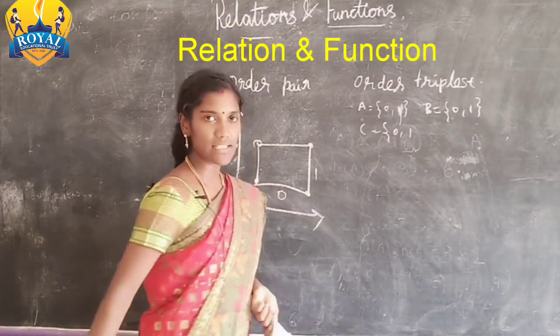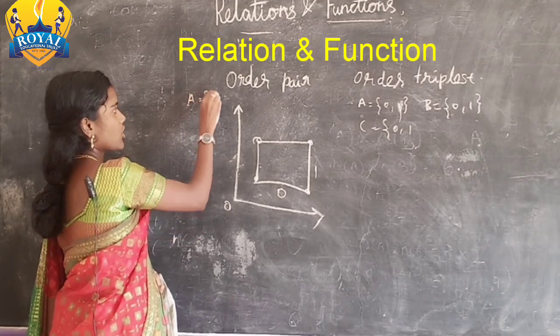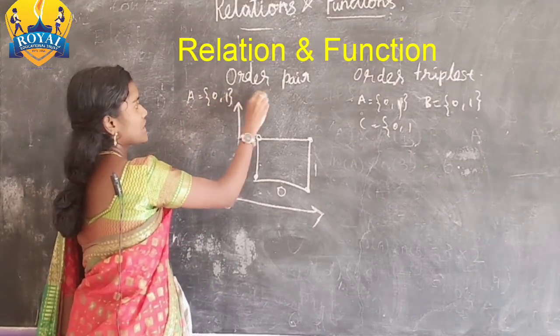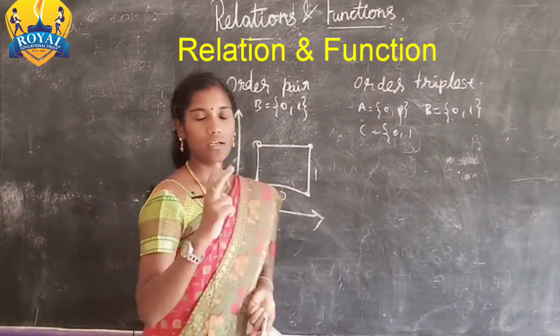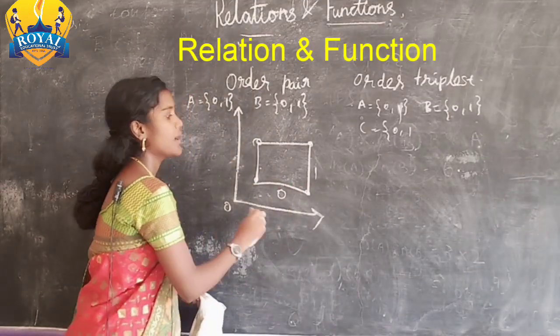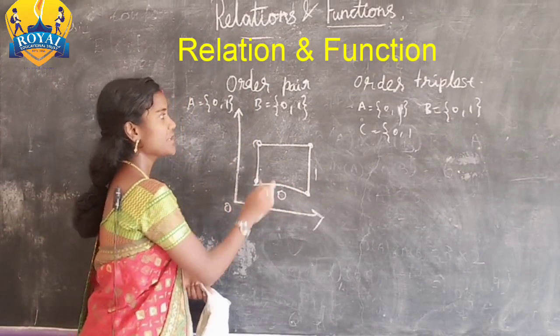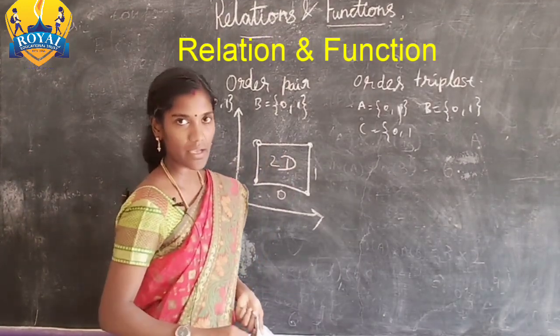And C is equal to {0, 1}. Ordered pair means two sets. A is equal to {0, 1} and B is equal to {0, 1}; you combine the two sets and draw them in a Cartesian plane, and it makes a 2D shape.